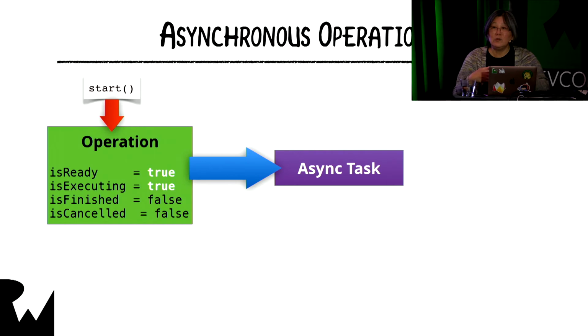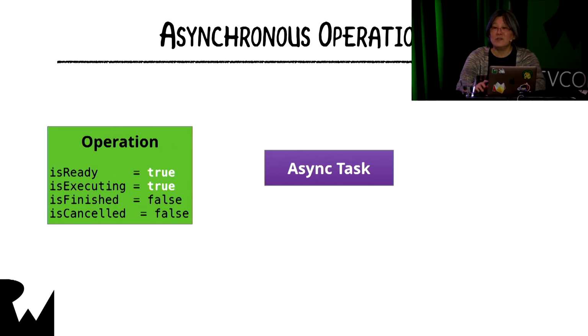it needs to set its state manually to executing, because there's nothing else there that's going to tell the operation scheduler that it's still executing. Because then the asynchronous task goes off and does something by itself. During the time that it's working, its state has to remain is executing.